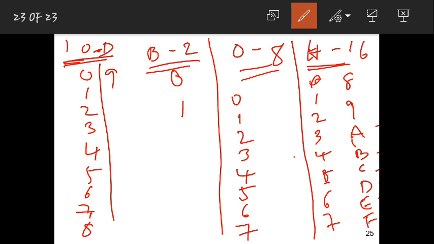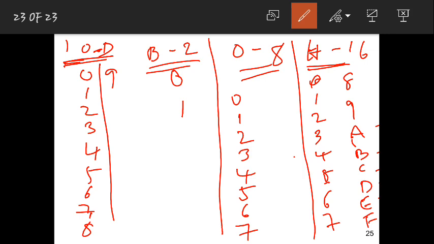In hexadecimal, after 9 it will start with A and end with F: A, B, C, D, E, F. Instead of A, if you write 10, that will become a decimal number. Instead of 10 if you write A, that will become a hexadecimal number.